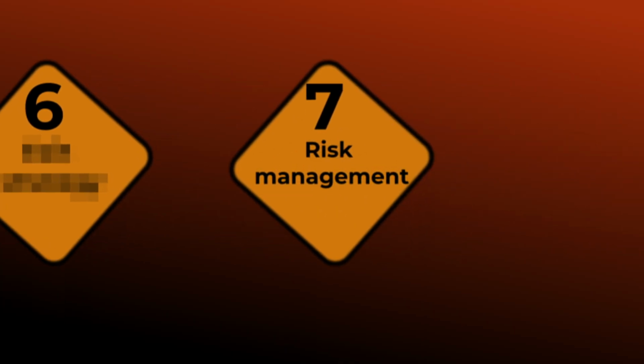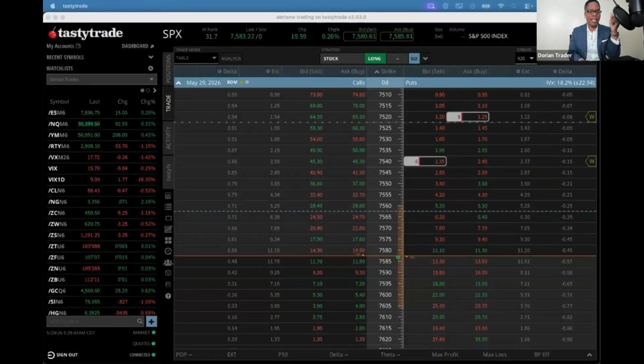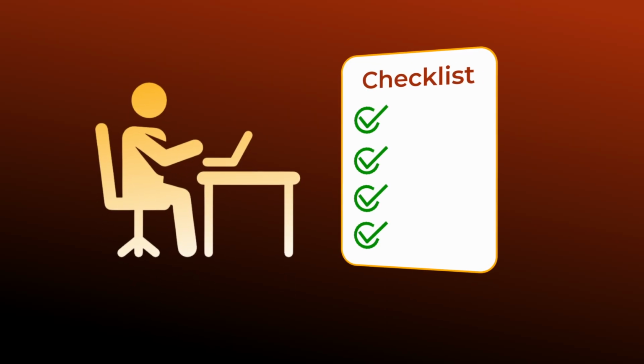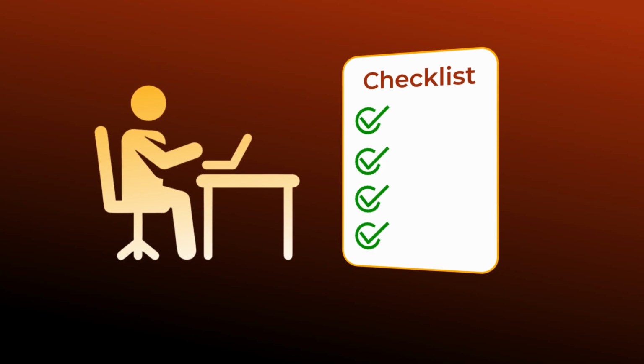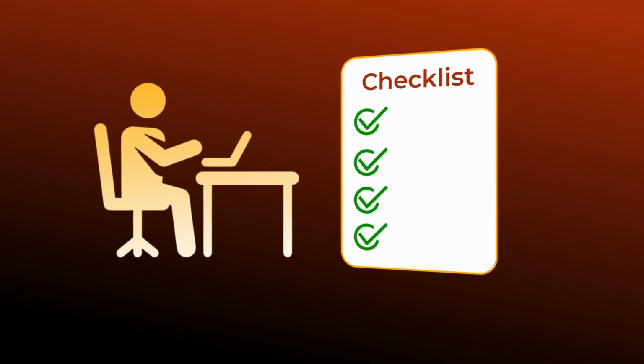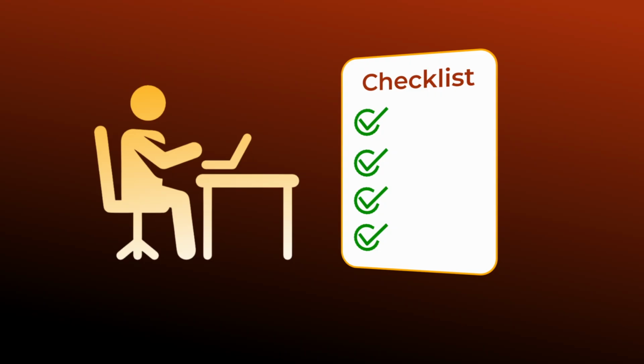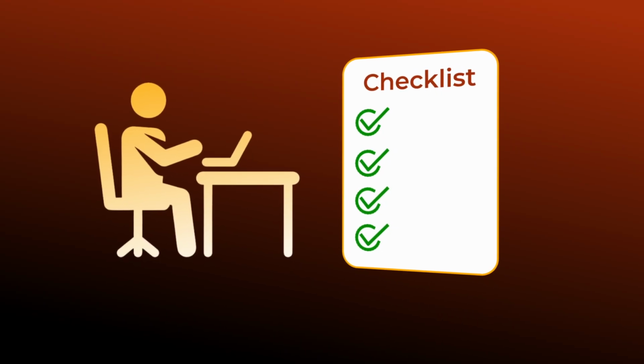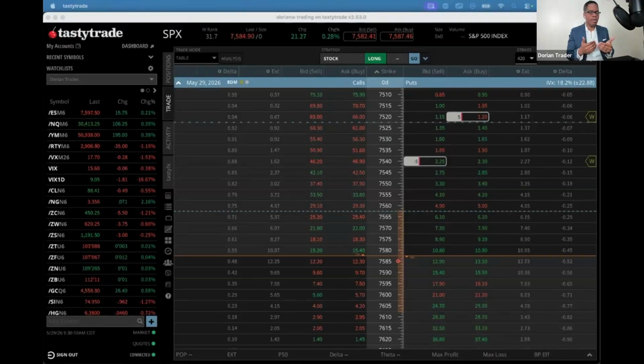Your risk management rules. Some of you in the 1DTE cohort have been creating your own rule criteria, your checklist, your cheat sheet for your rules. Some of you that I've been doing one-on-ones with, I've been having you create your rule list, your checklist for the 0DTE trade and or the 1DTE trade. And if you can follow your rules, you're going to be successful, you guys.